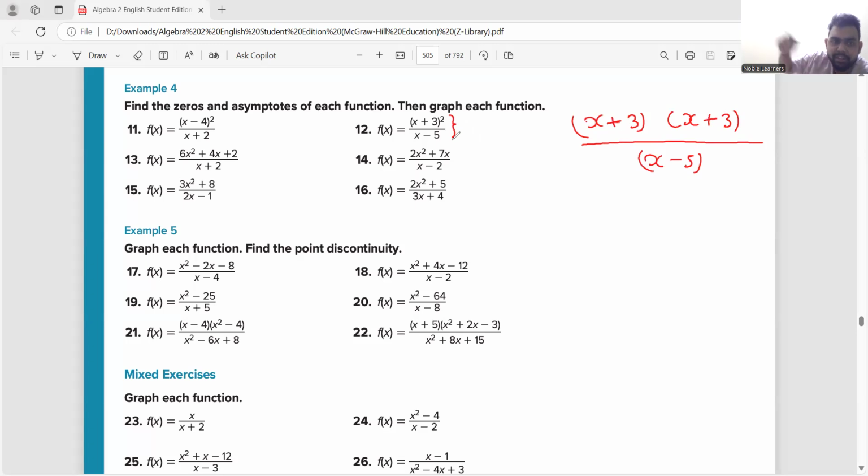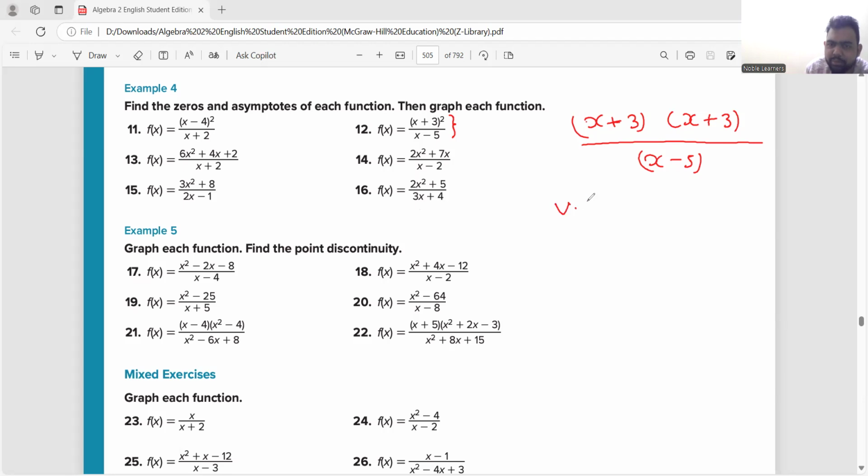This time the numerator is greater, so there is no horizontal asymptote. When the degree of the denominator is greater, then y is equal to 0. When the degree of the numerator is greater, there is no horizontal asymptote. None of them have any horizontal asymptote.